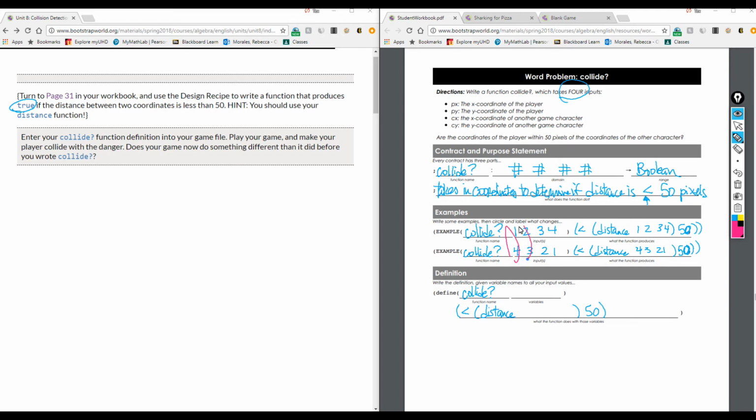1, 2, 3, 4. 1, 2, 3, 4. The 1 and 4, that is px. That's the x part of my coordinate. 2 and 3, that is py. 3 and 2, I circled really badly there, cx.